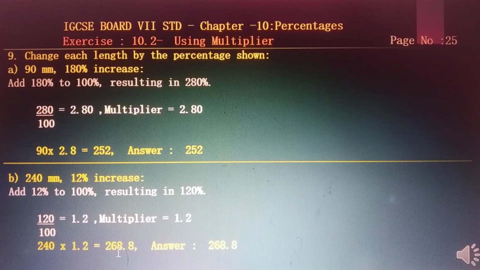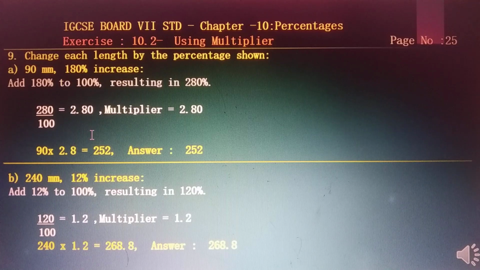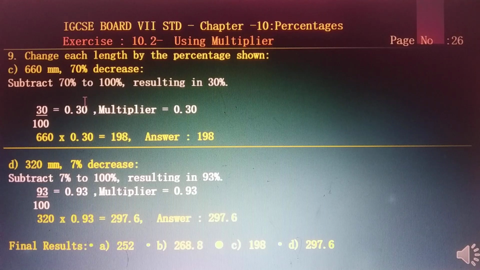Here 112 is there. Question number 9 C also the same way, 660 with 70% decrease means subtract 70% from 100, resulting in 30%.